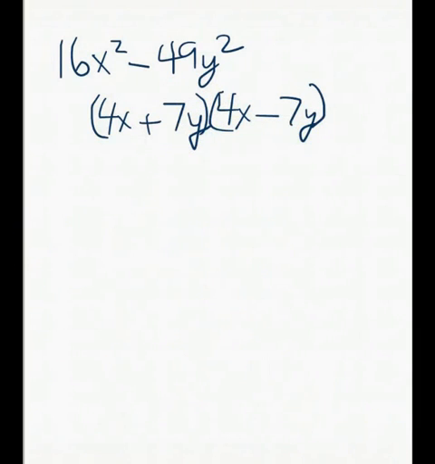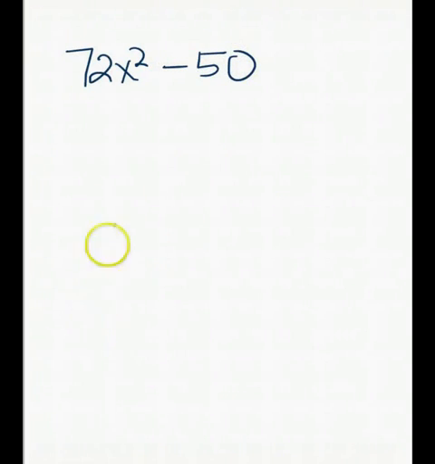All right, so that's how you pretty much do that. Now let's do one that looks like it's not really a perfect square. Let's do this one. Even though that doesn't look like a perfect square, it's because you haven't taken out the GCF yet. If you take out the GCF between 72 and 50, you get to take out a 2.